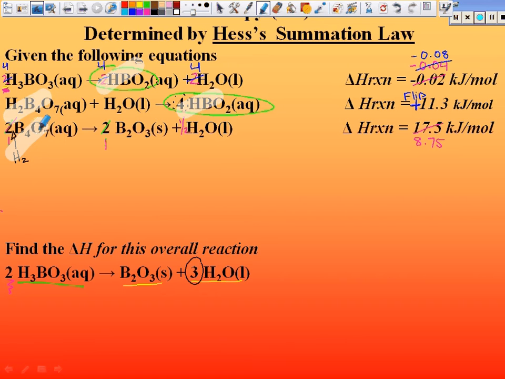Yep. So let's do this. So now let's sum the entire thing up of what we have. So I've got 4. Let me do a different color. Does that stand out a little bit better? Yes.